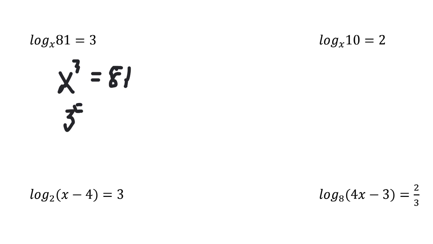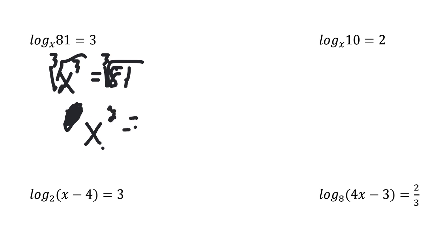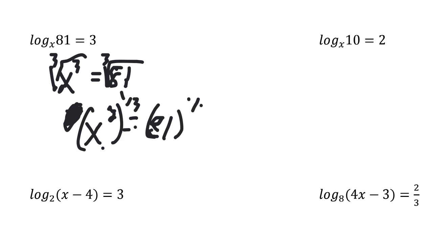I guess we can always take the cube root of each side, because that's what we've done before. Or x to the 3rd equals 81, and we raise that to the 1/3 power, the reciprocal, if you remember doing this before. 81 raised to the 1/3 power.